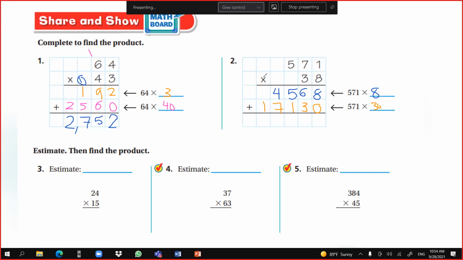We add them, bravo. 8 plus 0. 8 plus 0, 0. Plus, not multiply. 8.